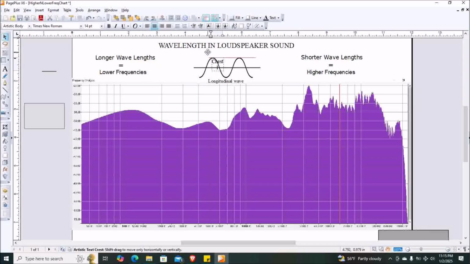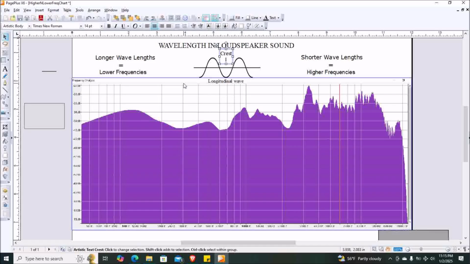So I'll put this right here. This is what a crest is. It's from this point to this point, and you get a cone shape. That's called a crest, and that's the distance between 2 points. That is a wavelength.